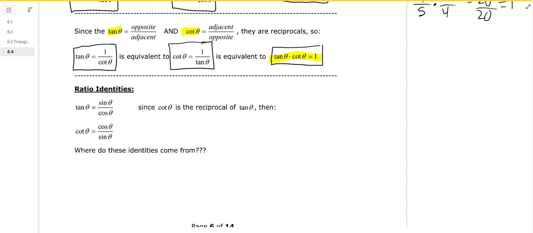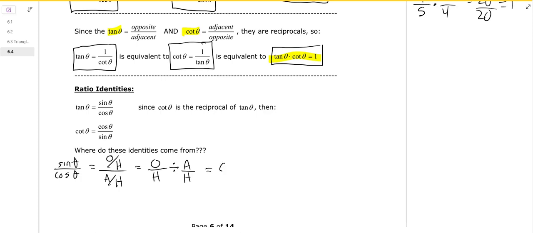Well, I'll show you. So if we start with the expression sine theta over cosine theta, by definition, the sine is the opposite over the hypotenuse. By definition, the cosine is adjacent over hypotenuse. Now, we can use this to kind of derive this. This really can be thought of as a division problem, and I'm just using the O and H and A kind of as variables, so I'm doing this.